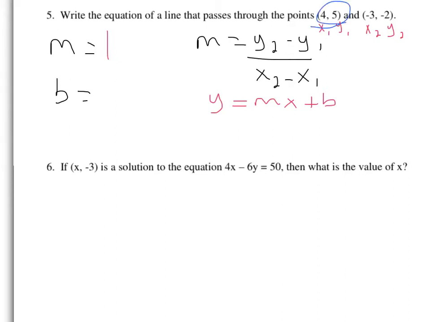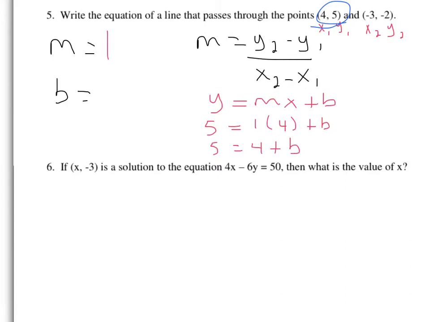I'm just going to use (4, 5). The y value was 5 in this ordered pair, so I'm going to take that 5 and put it right here where the y is. That equals m times x. m is 1, and our x is 4, so it's 1 times 4 plus b. 1 times 4 is 4, so 5 equals 4 plus b.